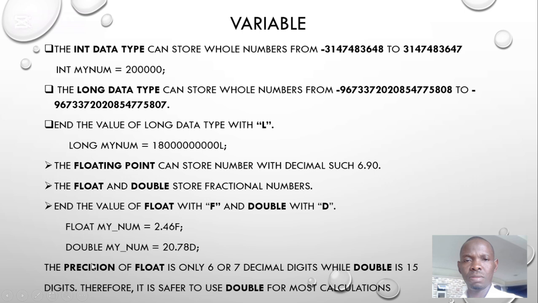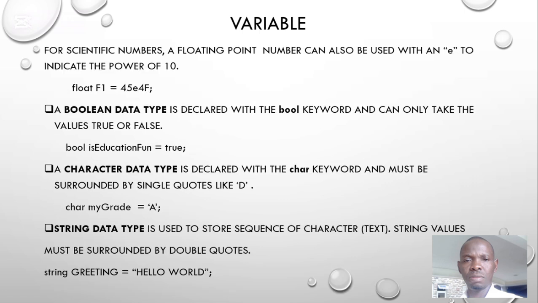The precision of float is only 6 or 7 decimal digits, while for double it is 15 digits. So it is even safer to use double for most calculations rather than a float.